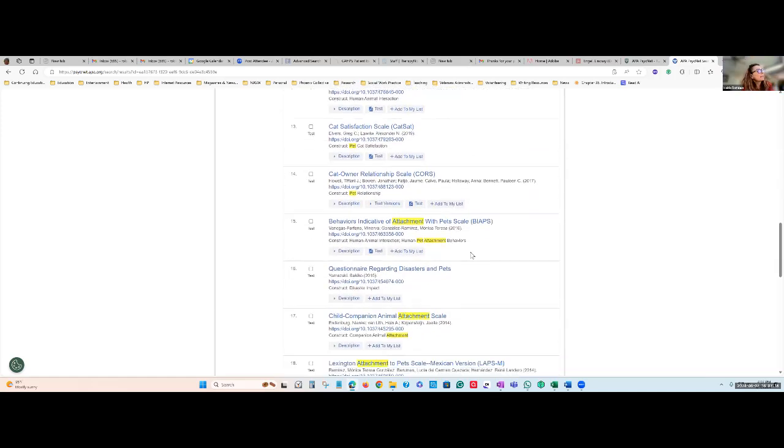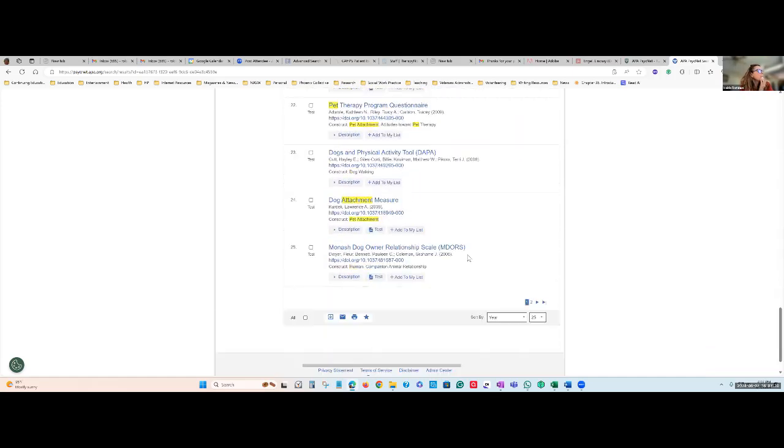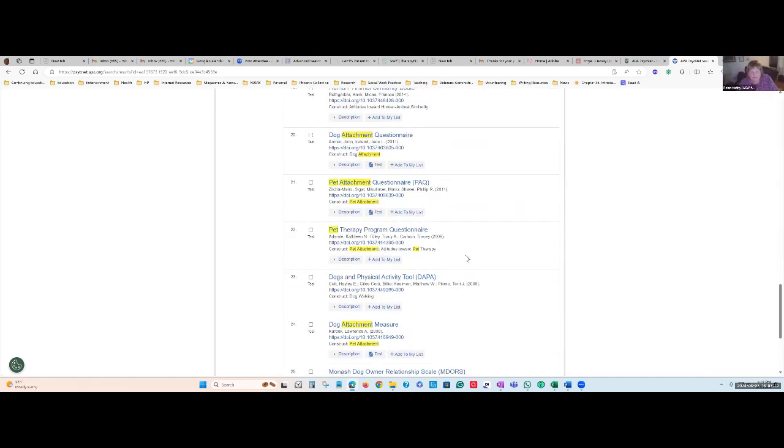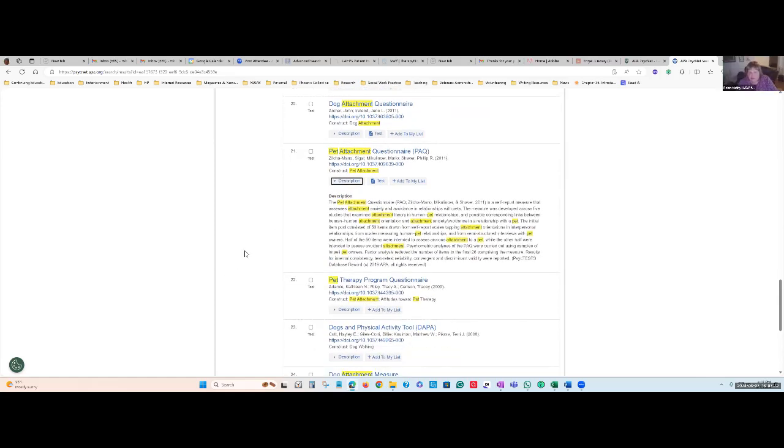I've seen that in some of my disaster brochure research. I think this is the one. Ooh, the dog attachment measure. Pet attachment questionnaire: a self-report measure that assesses attachment, anxiety, and avoidance in relationships with pets. Yeah. The other one would probably be a better fit, the one that was commitment to pets.